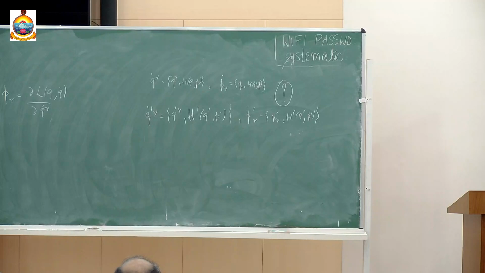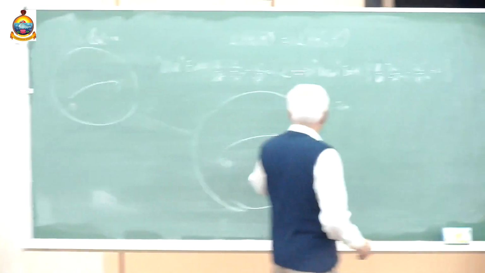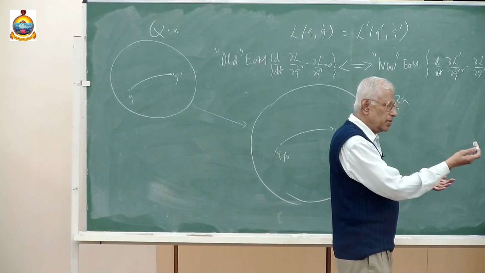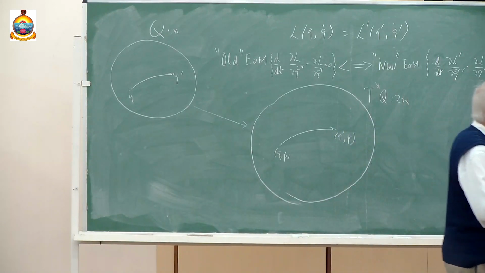So you give me some definition of q prime p prime in phase space in terms of q p. It must be possible to invert it.